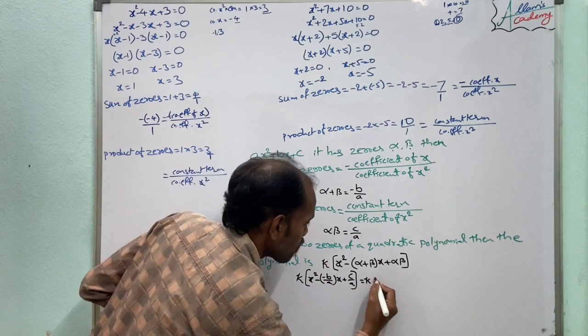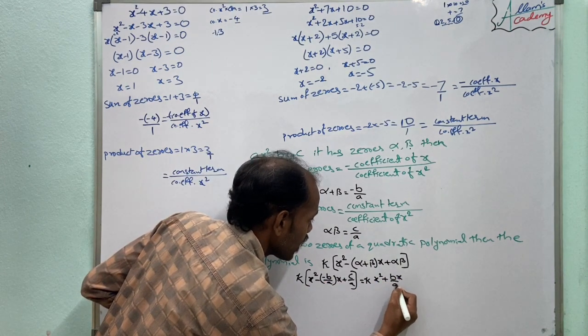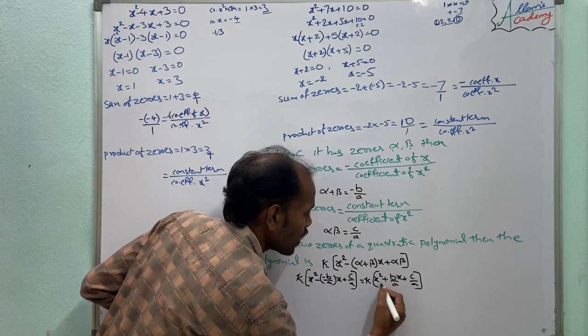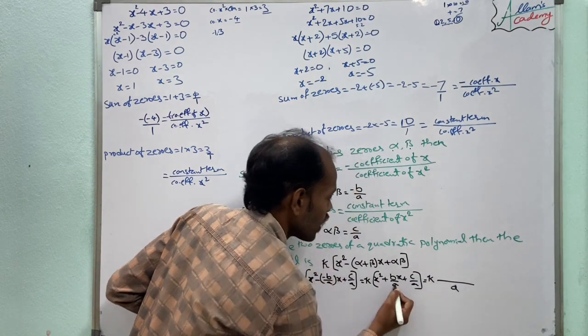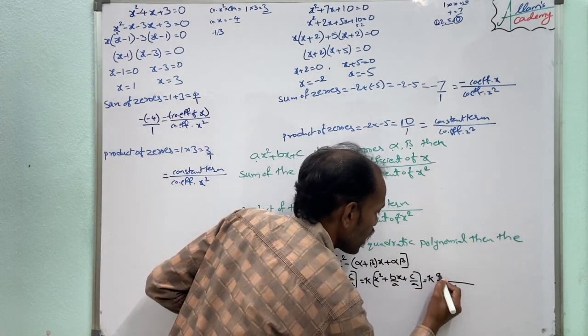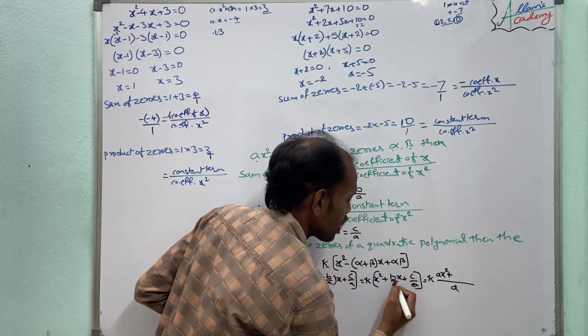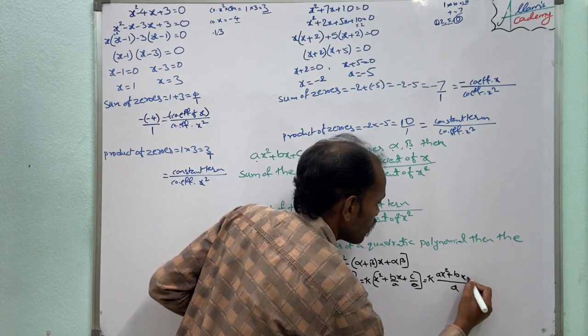Minus into minus is plus, so x square plus bx by a plus c by a. Taking a as the LCM, we get a into x square, so ax square plus bx plus c, since a is already there in the denominators.